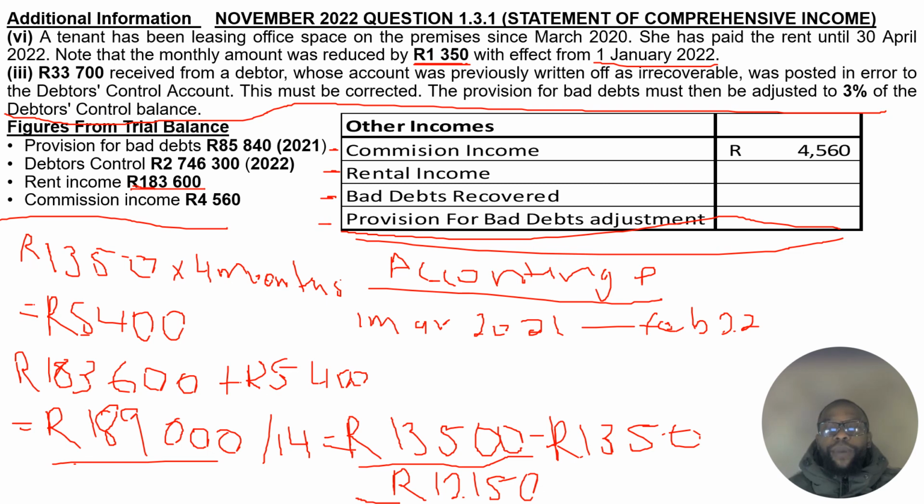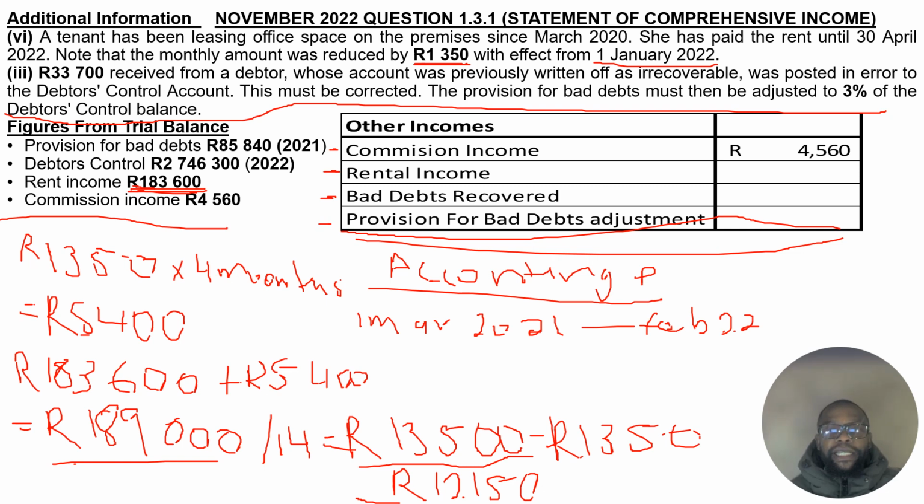So we have 2 months that we don't want. This amount here, the decrease is already taken into account. I guess your question is going to be, why didn't you take into account the decrease for January and February?